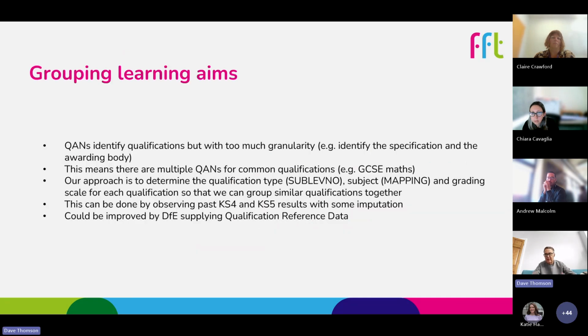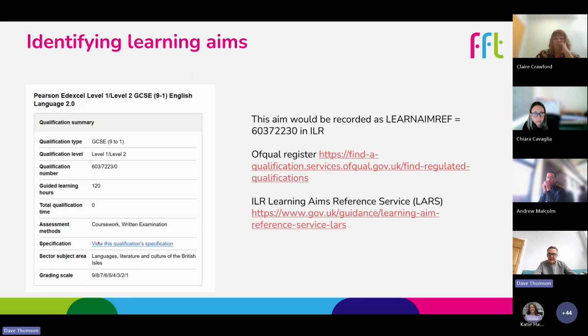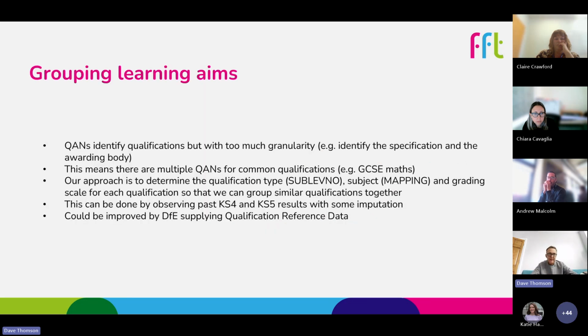And most of the work with ILR involves grouping learning aims together. QANs, which are these learning aim references that we've just seen here, qualification accreditation numbers, they identify qualifications, but perhaps with too much granularity. So they identify the specification and the awarding body, for example.